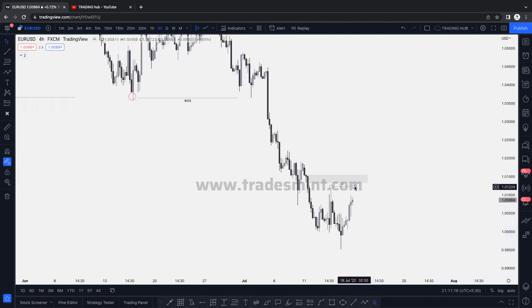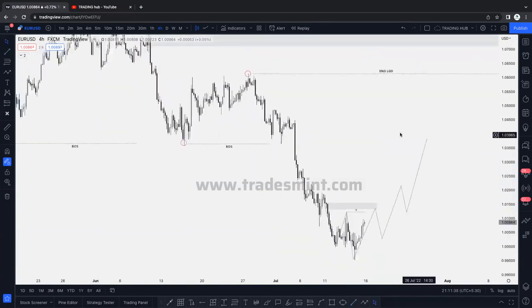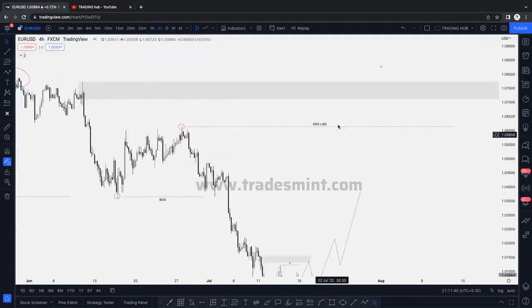So as per the 4 hour perspective, the market is still bearish. Price must take out this high before the sell. And why this high? Because the market created this as a single leg like this. Then the market takes out this high, then we can sell. Maybe this is a short-term pullback and then it continues to push higher to mitigate this extreme zone.